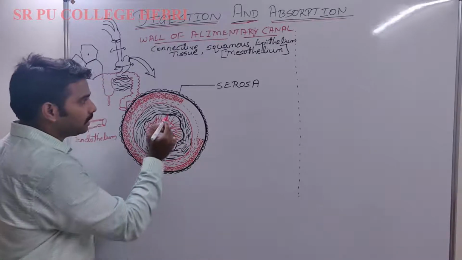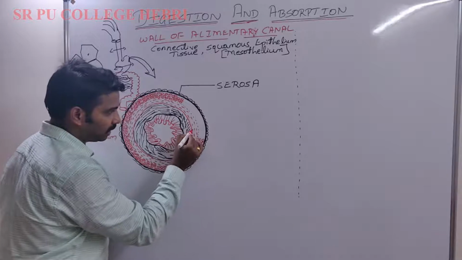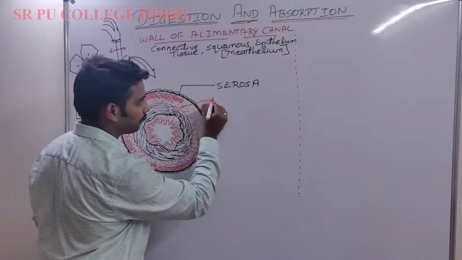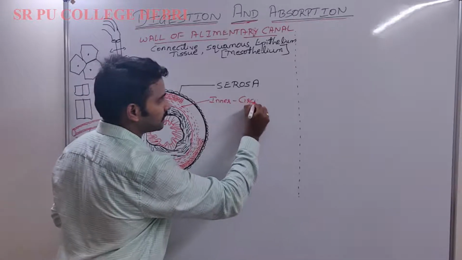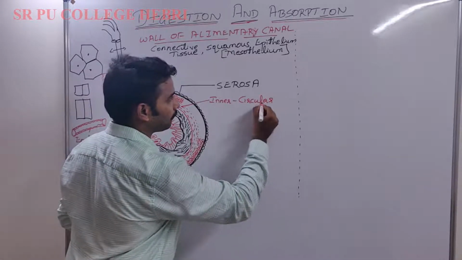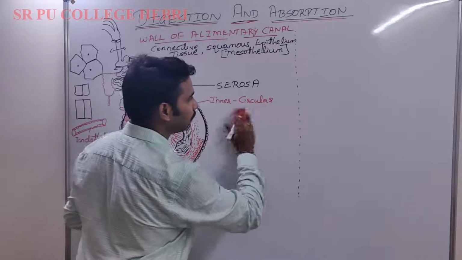What are they? The one is inner, can you see, I am drawing now? This is the inner circular muscle.